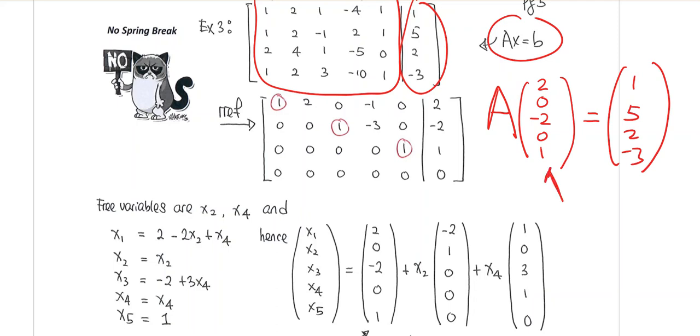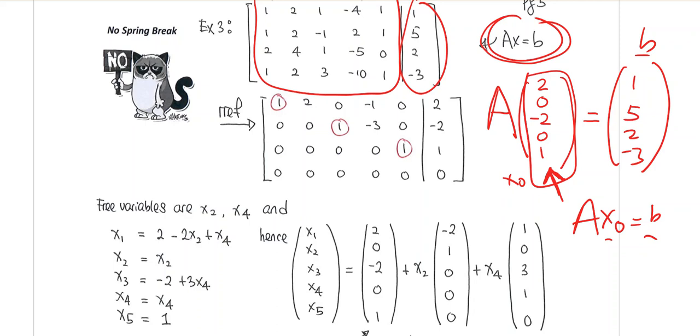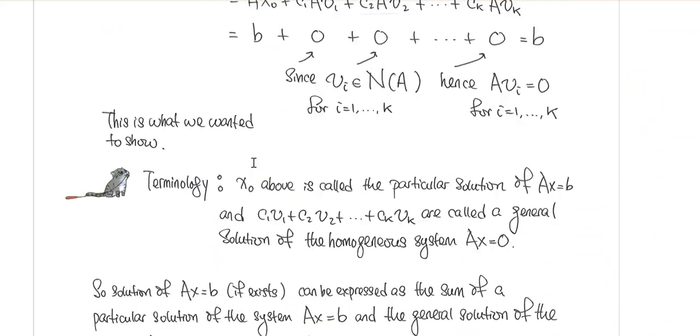So this is known as the particular solution for AX equal to B. That's our X naught. So we found X naught such that A X naught equals B. Somehow we found it. That solution is known as a particular solution. This is a particular solution for the system AX equal to B. That's the terminology.